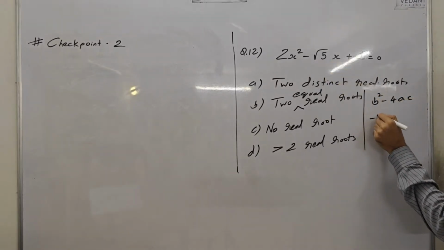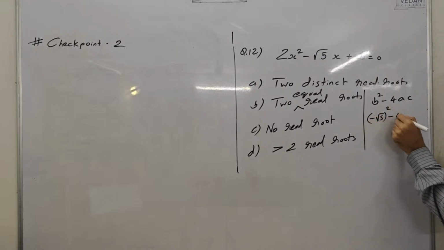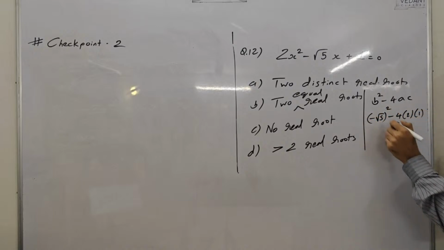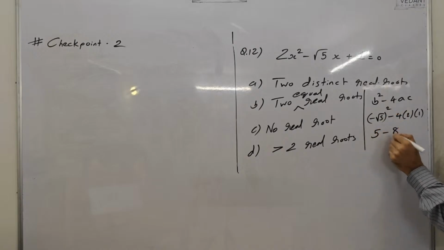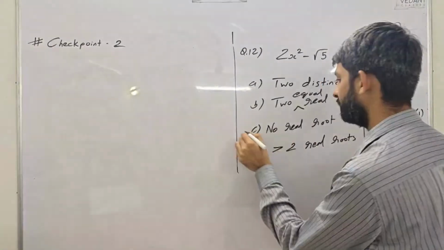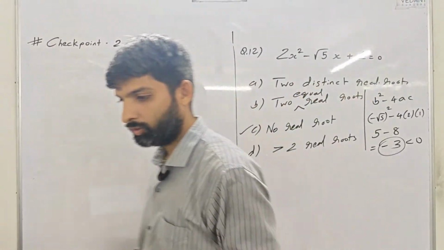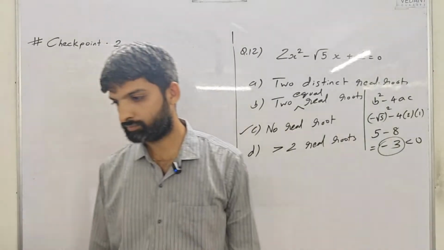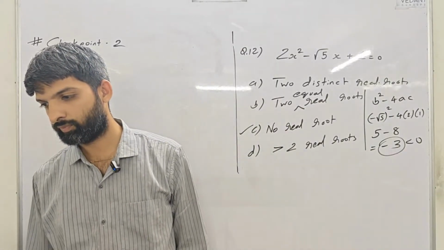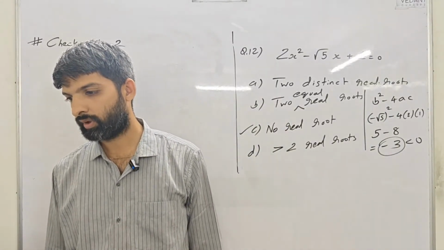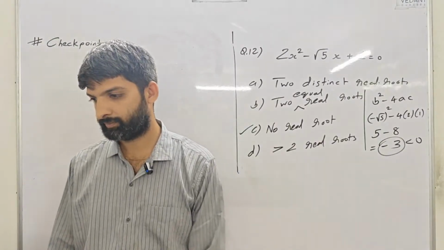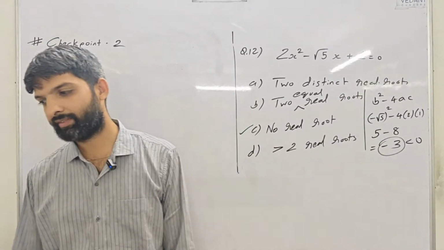So minus root 5 square minus 4 into 2 into 1. Root 5 square will be 5 minus 8. As it is less than 0, option C will be the correct answer. No real roots exist.